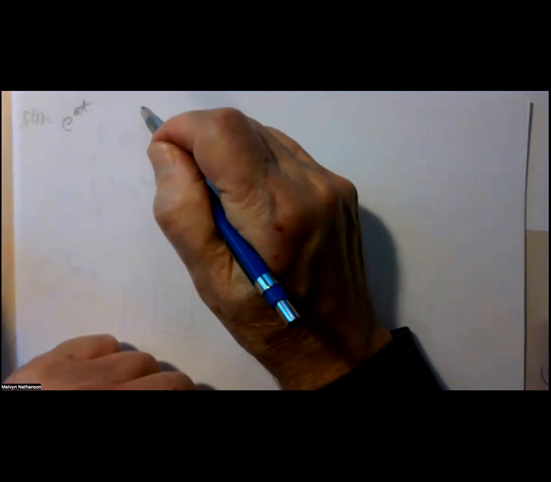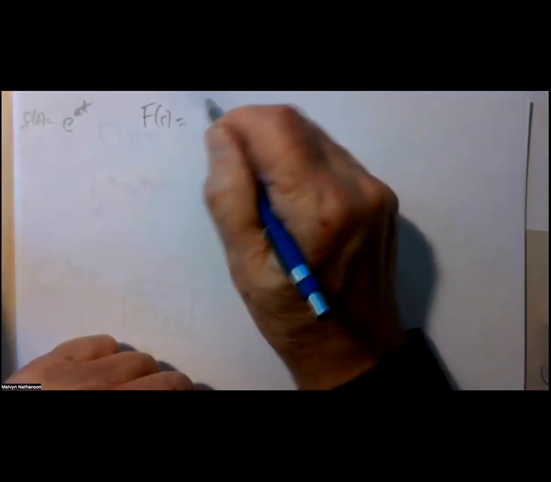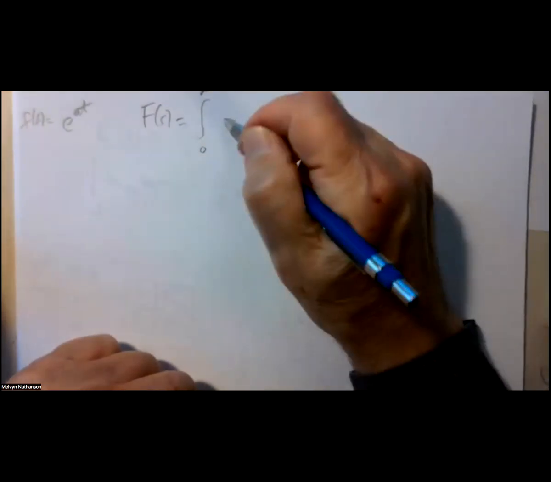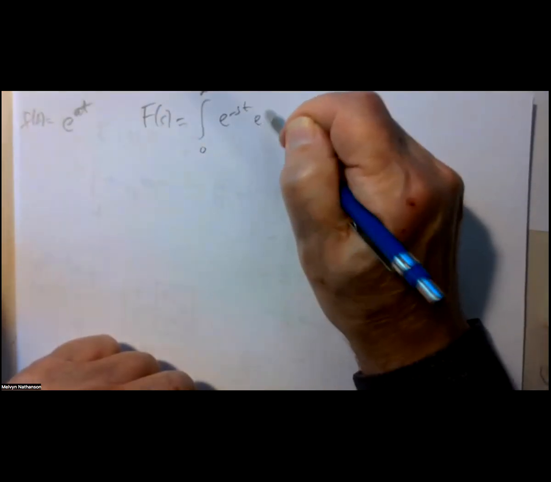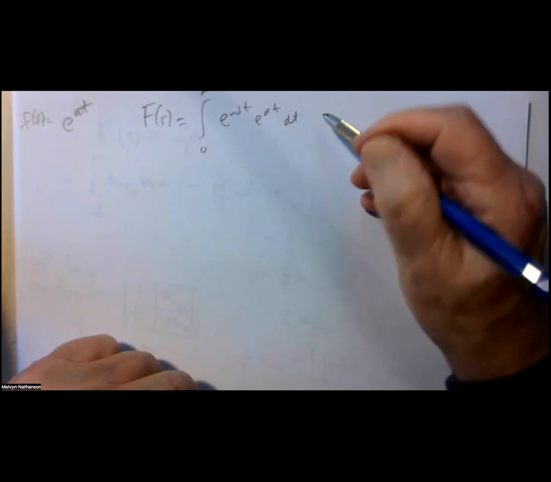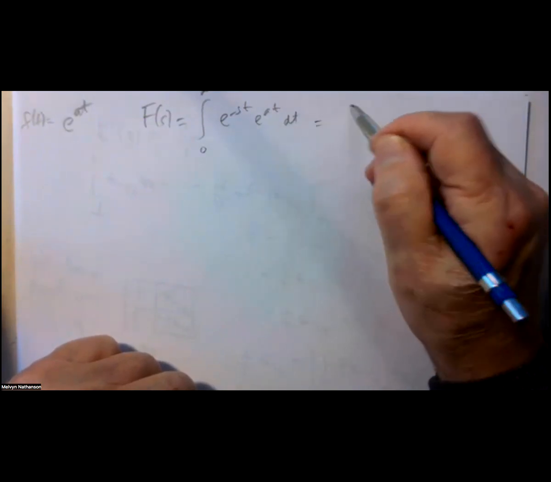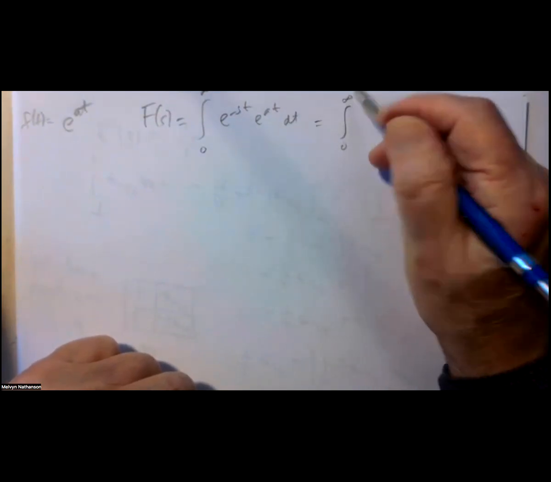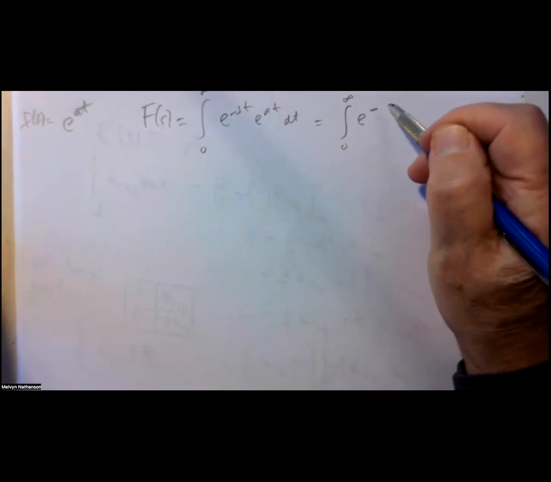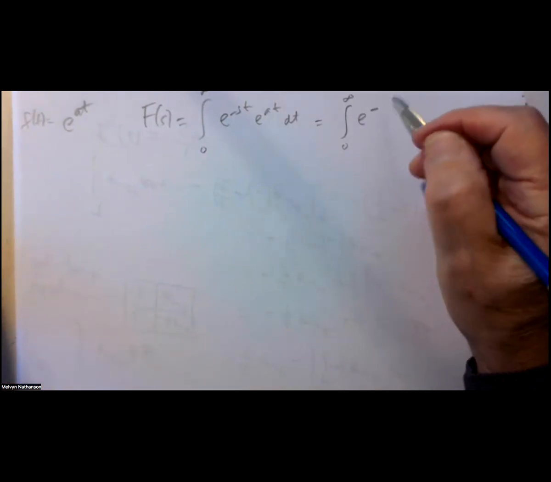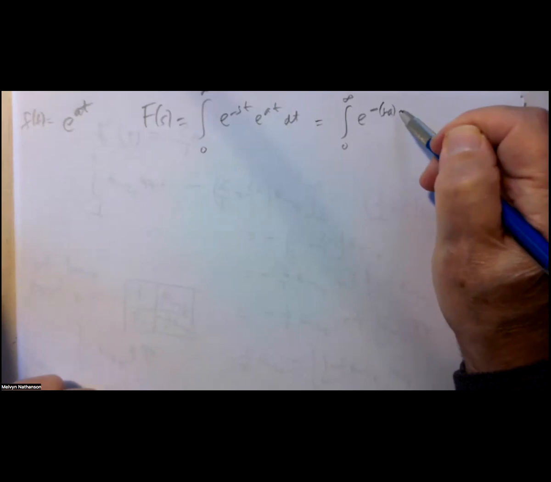Then the Laplace transform is the integral from 0 to infinity, e to the minus st, e to the at dt. But this is just an exponential. This is the integral from 0 to infinity, e to the minus (s minus a)t dt.